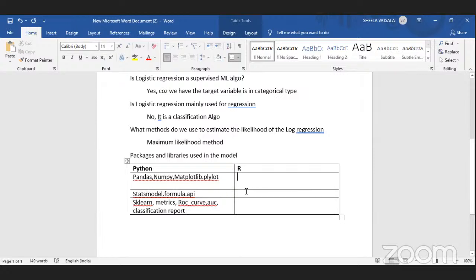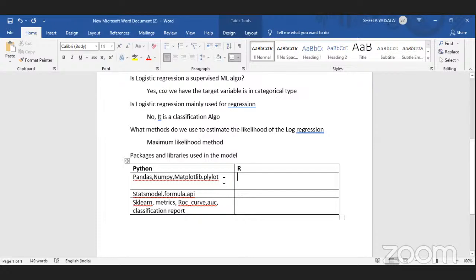For now, we'll work on the R packages we have available for logistic regression. What all possible packages we need is: we use glm for model and prediction, right?